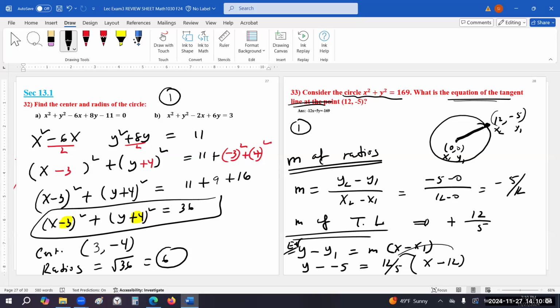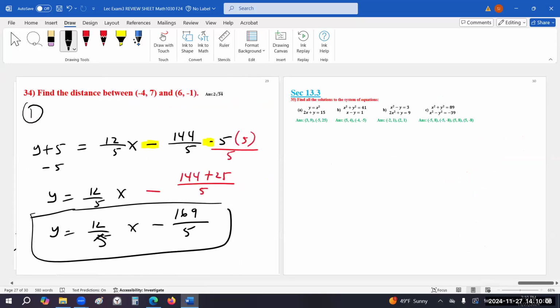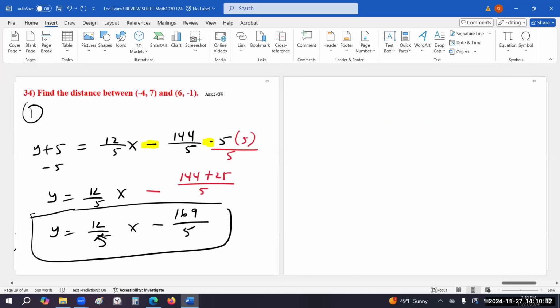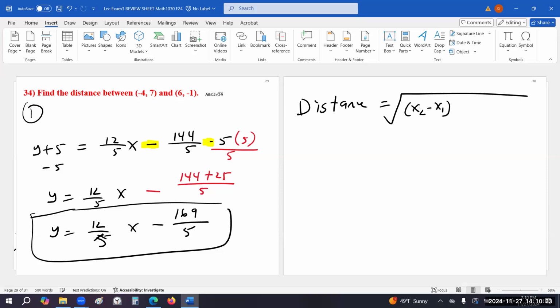One more, the last one, distance formula. That's it. This is the last question. I don't have space here, so let me get a page. Do you remember the distance formula? Square root of x2 minus x1 squared, plus y2 minus y1 squared.